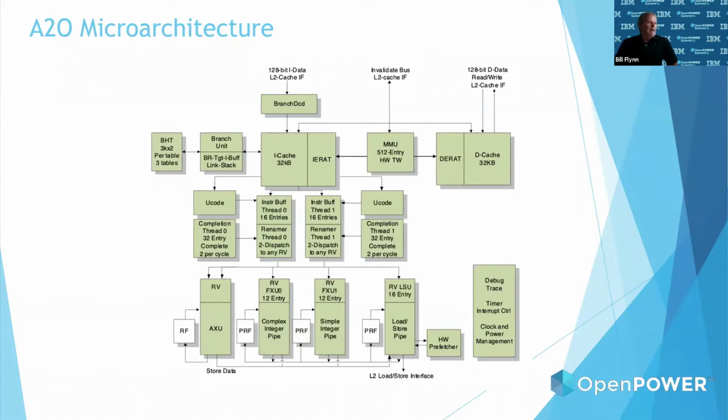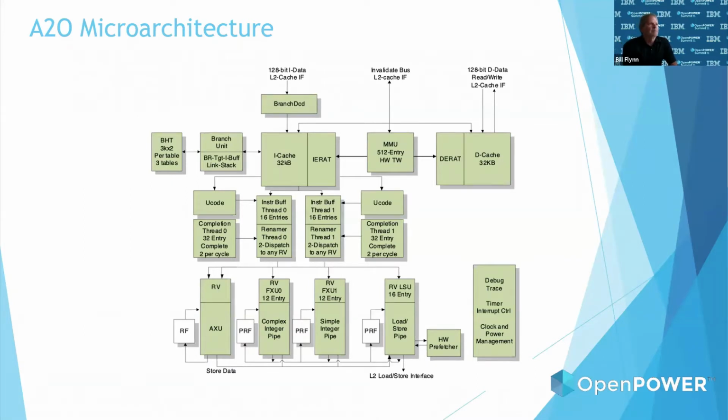So here we have a block diagram of the A2O core. As I said, the I and D caches are double the size of A2I's. The instruction buffer, microcode engines, renamers, and completion logic are all duplicated per thread, and reservation stations sit on top of all the pipes.